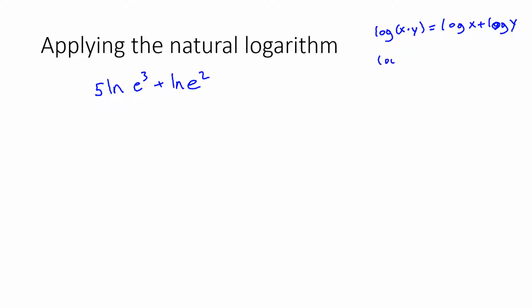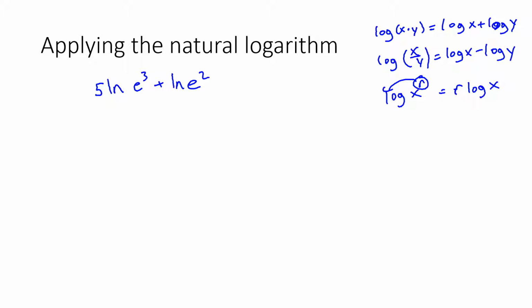We said that if we're dividing in the argument, it's the same as subtracting logs. We said that if we had a power in our argument, we can just take that power and bring it to the front. So it's basically the same as multiplying a log by that power.